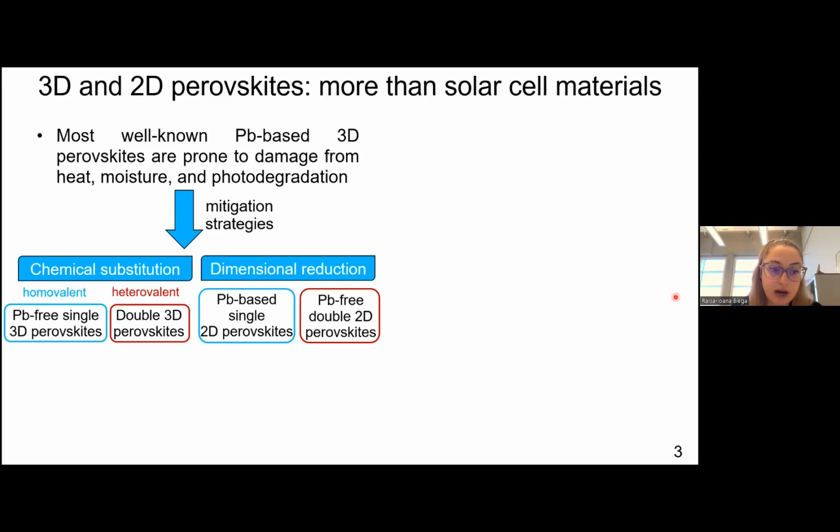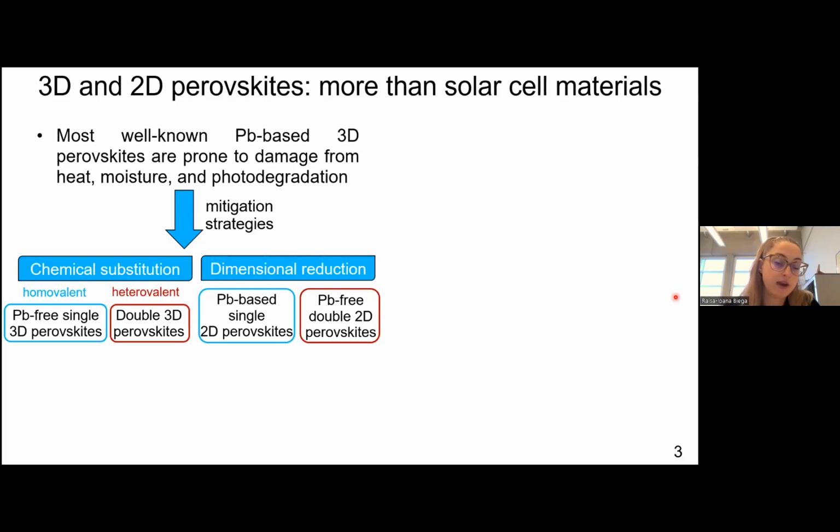Some of them are based on chemical substitution, either homovalent substitution, that means that you would replace lead in the, let's say, most well-known MAPI or cesium lead iodide. Then you would replace lead with another divalent metal. So then you can go to tin or germanium, for example, but those were also not very stable.